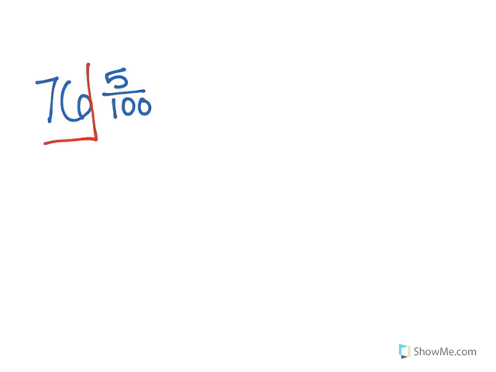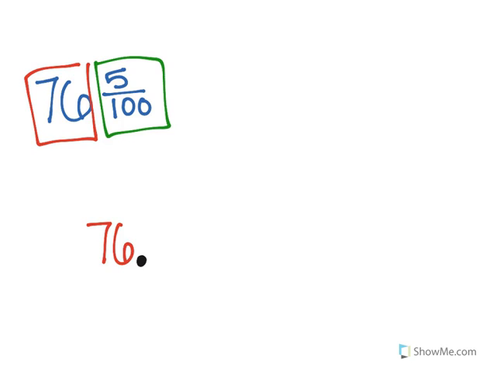So if I were to do this, I'm marking my whole number and I'm marking my fraction. So I know that my whole number goes on the left side of the fraction. So I wrote it right there. Now I need to turn this into a decimal. I can see I'm in the hundredths place, so I put my decimal point.